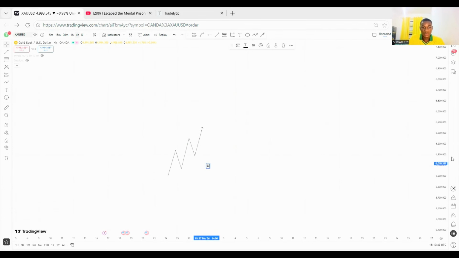Let me make it a little bit bigger for you guys. This is an uptrend, right? And this is also how price moves. High, lower low, lower high, lower low.